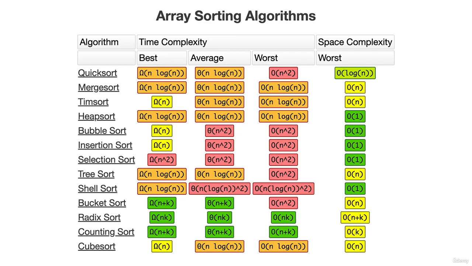So let's say you have sorted data or almost sorted data. And that could happen if you have a sorted list and you add one item to the end and then you're going to sort it. It is almost sorted, or it could be that that item on the end is the highest number and it's completely sorted. Quicksort is going to be terrible in a situation like that, but bubble sort and insertion sort are going to be very good.